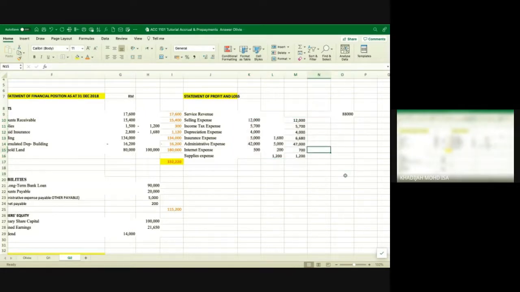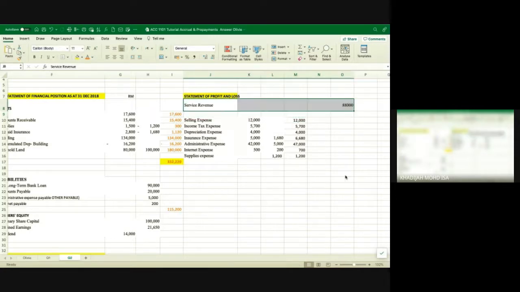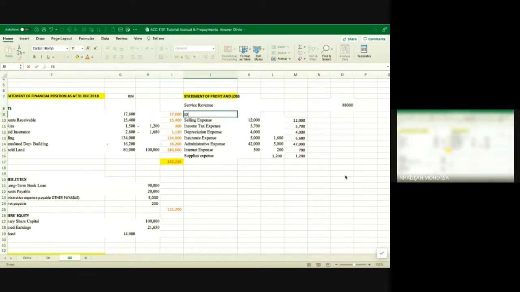All right, so this is the new expenses. Put it like that. Command X, command V. This is my expenses. Command bold. So this is my new expenses. No change for selling income, but for insurance increase by 1680.